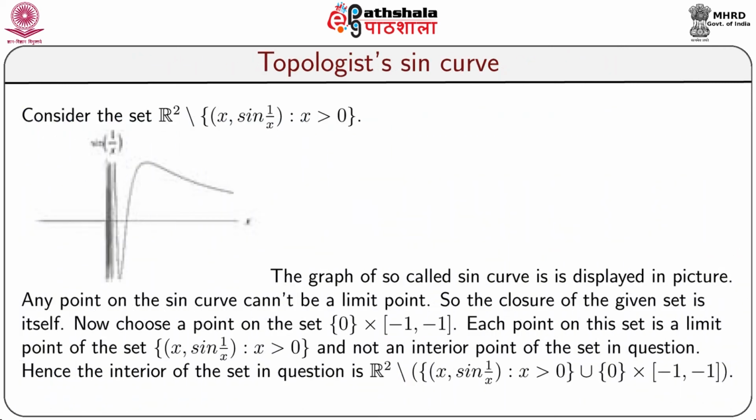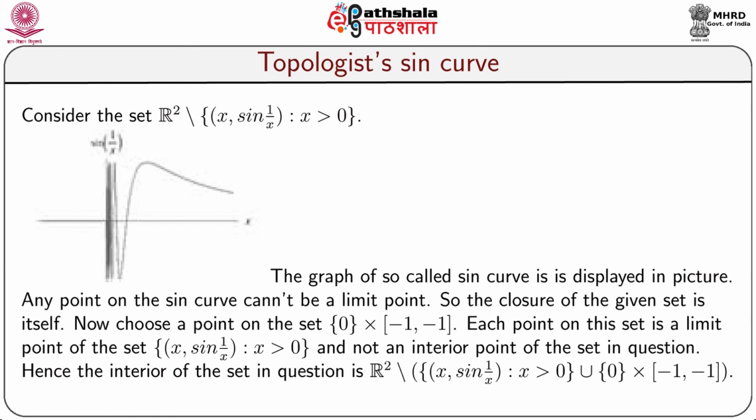This is a very important example. This is called the topologist's sine curve. The graph shown in the picture is generally called the topologist's sine curve. Its description is all points (x, sin 1/x) such that x is greater than 0. Now, if this graph is removed from R2, what will be the interior and closure?